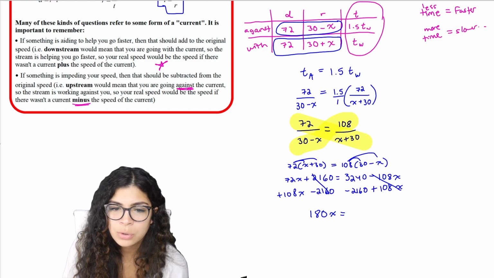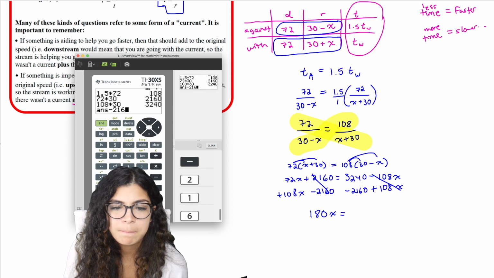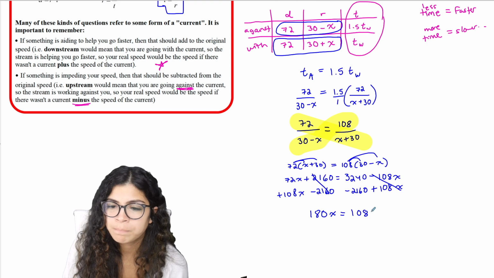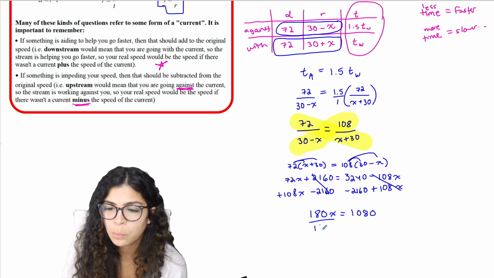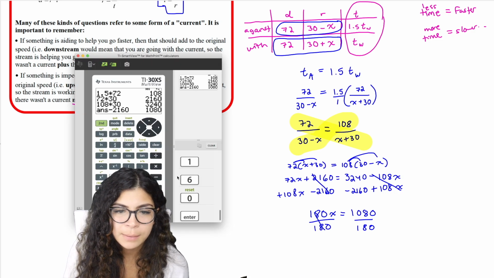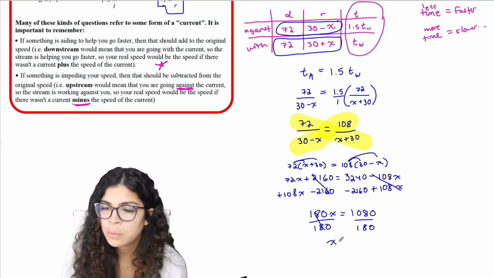And 3240 minus 2160 is 1080. And then we would divide by 180 on both sides. 1080 divided by 180, I believe, is 6. Yep. So x equals 6.